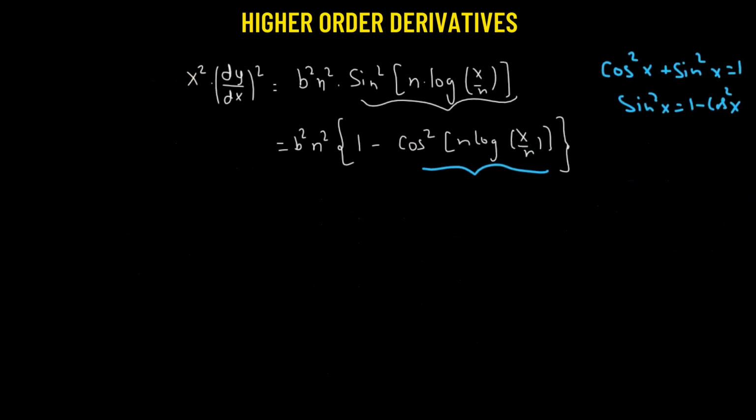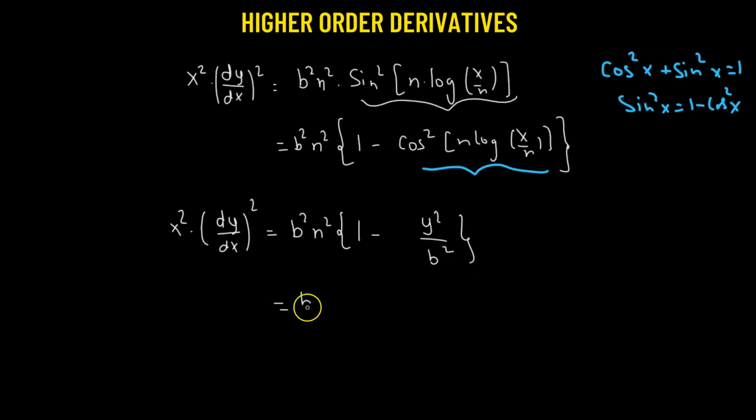So we will get x squared times (dy over dx) whole squared, which will be equal to b squared n squared multiplied by 1 minus y squared divided by b squared. Fine. That means we have b squared times n squared multiplied by (b squared minus y squared) divided by b squared.